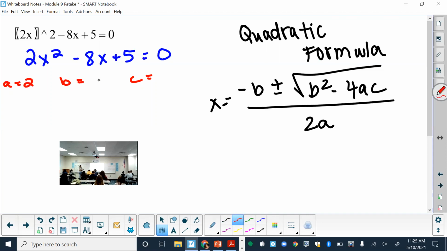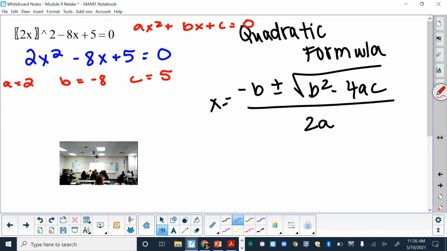What's my B value? And my C value is? And I get that from this format, if you didn't know. All right. Make sure you keep the signs with that number. That's what I saw a lot of mistakes on when I was grading your tests.